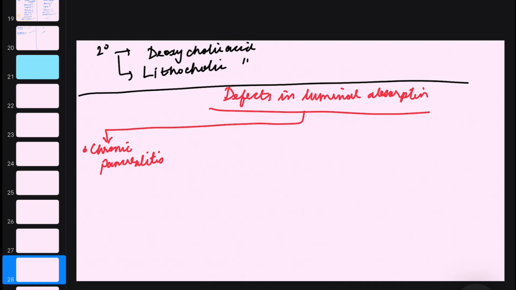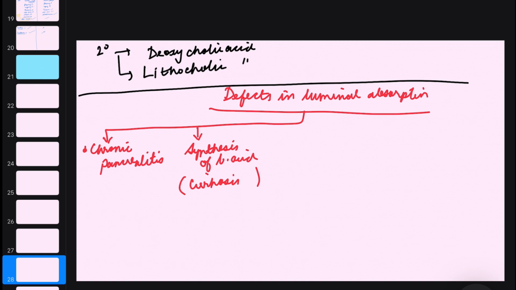Second, now all the things that I'll be writing, there will be a problem to do with the bile acids. Suppose there is a problem with the synthesis of bile acid. How can there be a problem in the synthesis of bile acid? Where are bile acids formed from? Liver. So a pathology of the liver, for example, how about liver cirrhosis? We'll see what liver cirrhosis is, but basically it means liver parenchyma is getting destroyed.